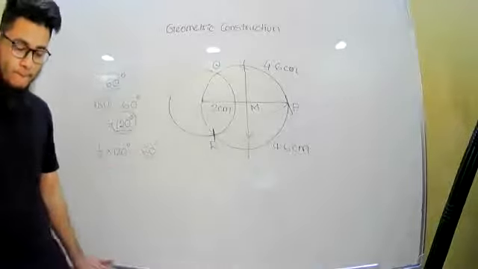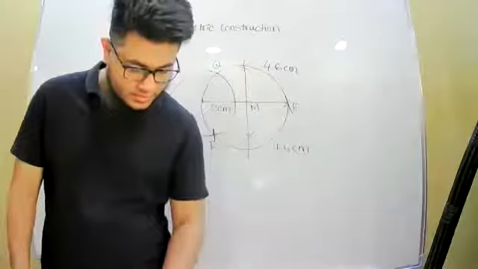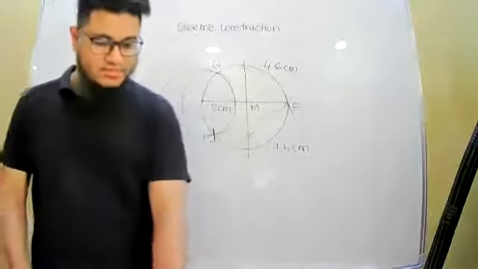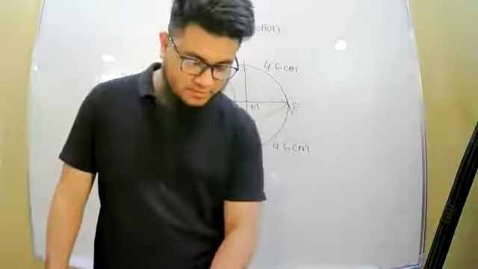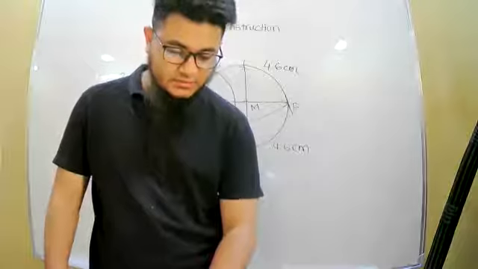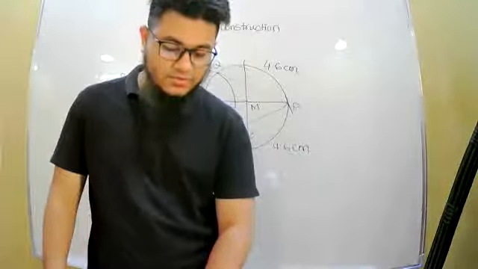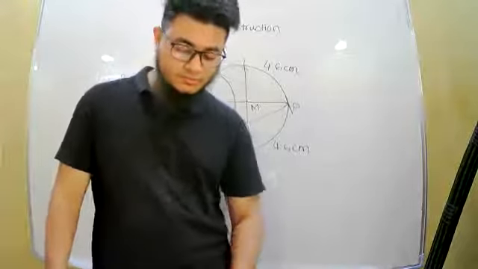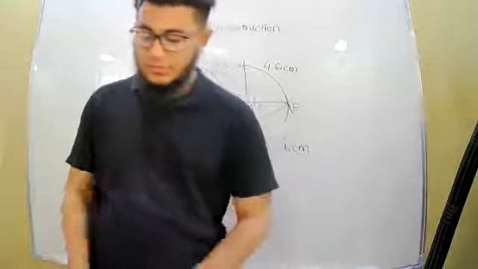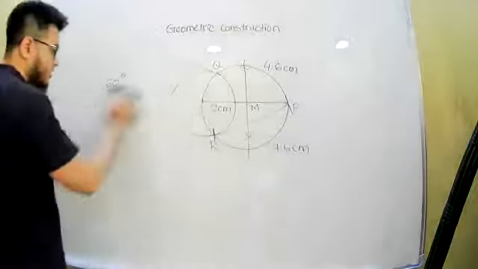Okay. Then number 2, 3.5 centimeter, 4.5 centimeter, and 5.5 centimeter are the radius of three circles that touch each other externally. Then what is the perimeter of the triangle formed by the three centers of the circle? Okay, so how are they touching each other? All three of them will be touching each other.